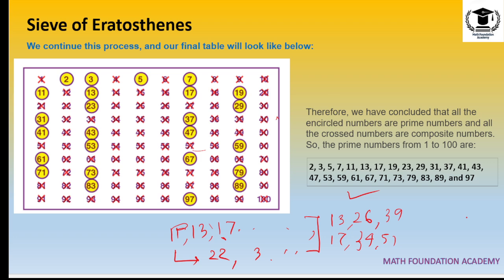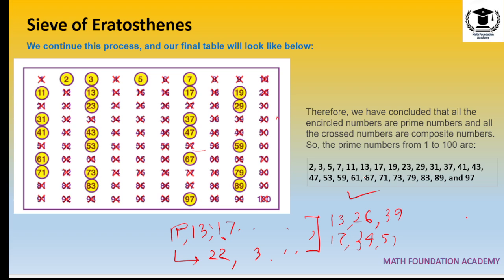These numbers are basically prime numbers, and the numbers which have been removed from the grid are composite numbers. So this is the process which was derived by the mathematician Eratosthenes almost 22 centuries ago.